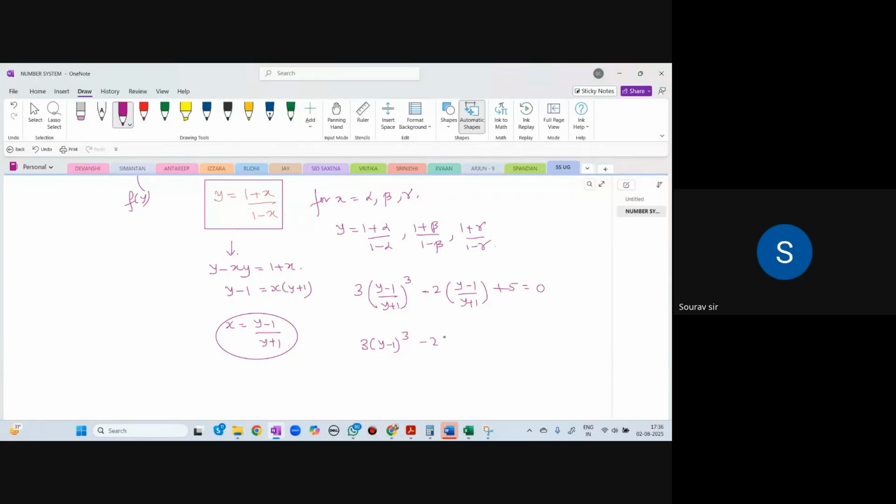So minus 2 into (y minus 1) into (y plus 1) square plus 5 (y plus 1) cube equal to 0.